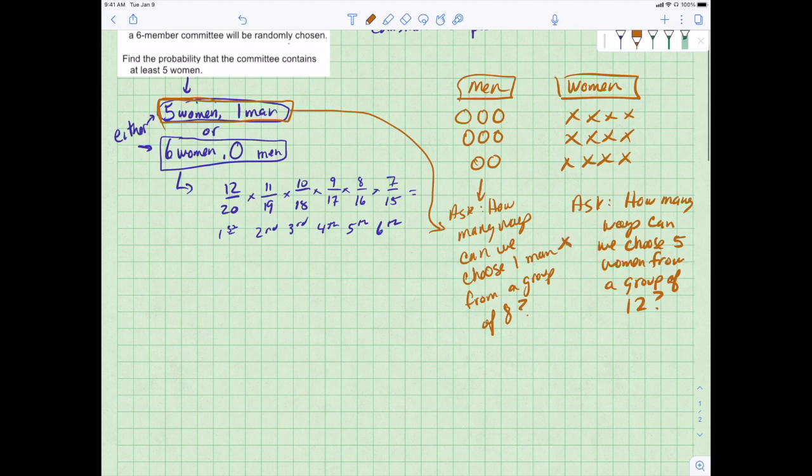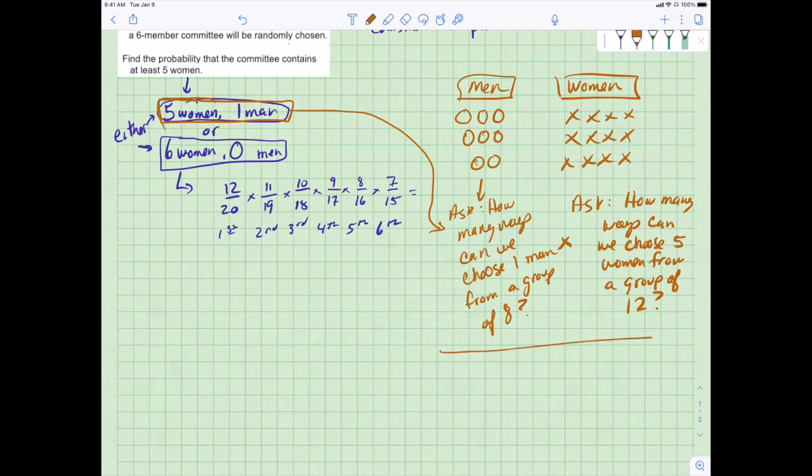And we're going to multiply those together. That's going to be the number of ways that a group of 1 man can be arranged with a group of 5 women. After we do that multiplication, that's going to be the number of combinations.